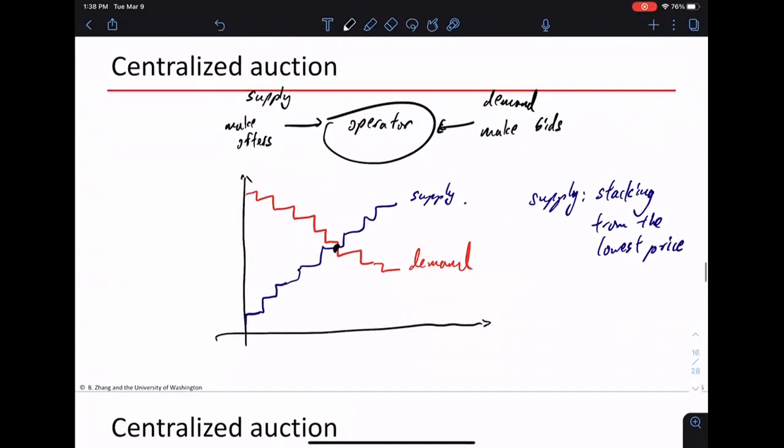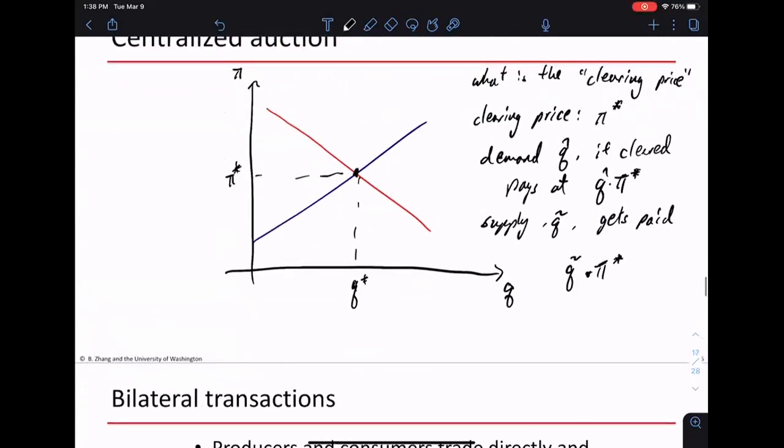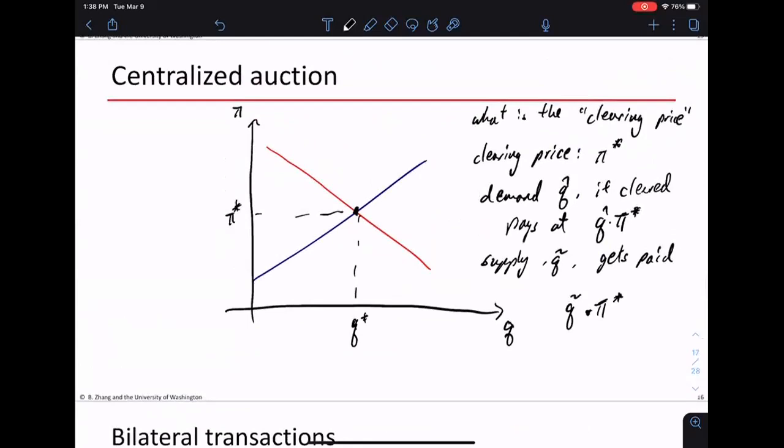You may be the first one. You may have made an offer that is very, very cheap, but you still get paid at this higher clearing price pi star.